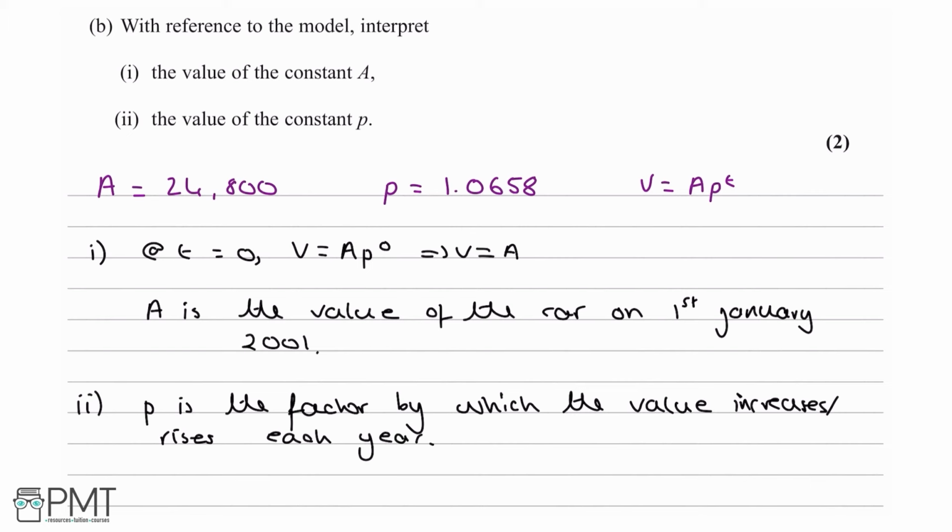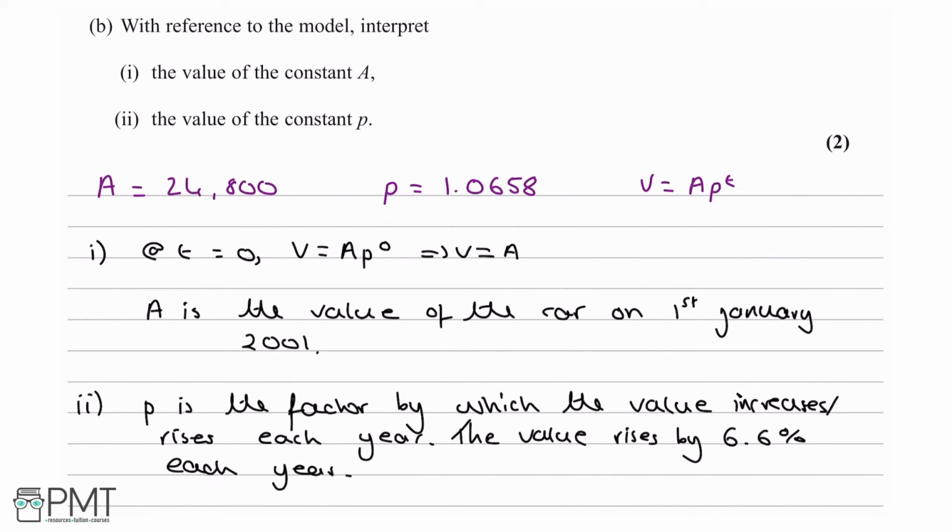Now the other thing I would say is that the value rises by, so if we look, 1.0658, that's close to 1.066, so I would say the value rises by 6.6% each year.